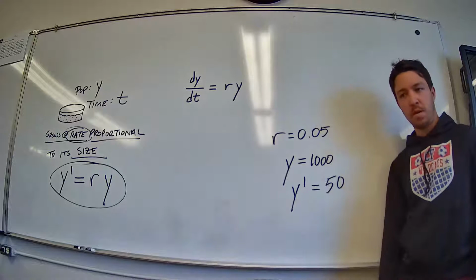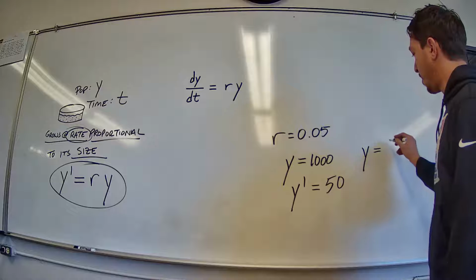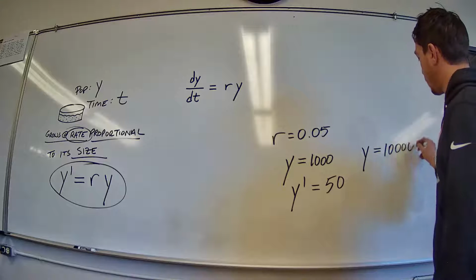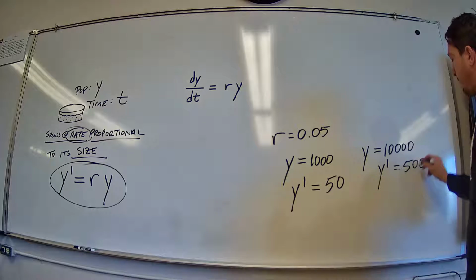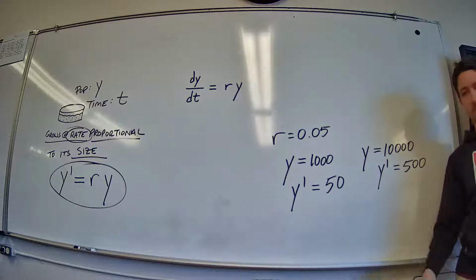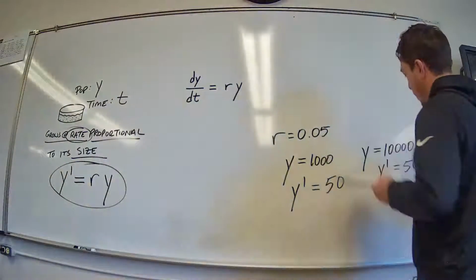50. Make sense? Suppose later the population had hit 10,000. What would the growth rate be then? 500. Right? Correct. Do we understand the idea? Yes. So then, okay, I get the basic idea.